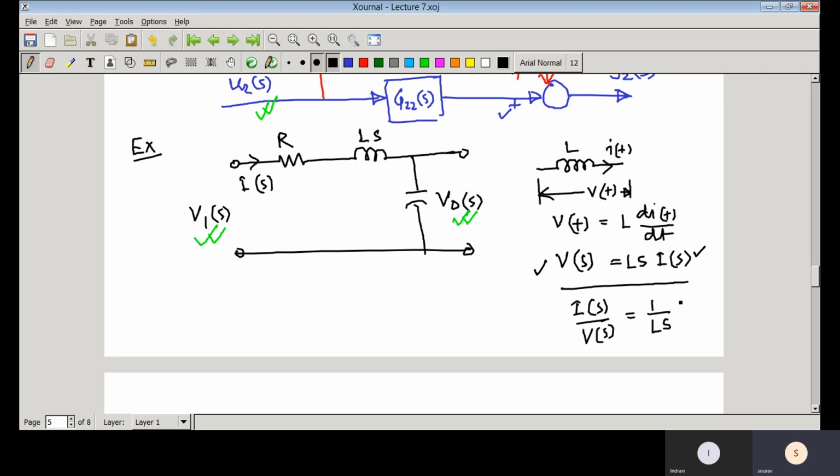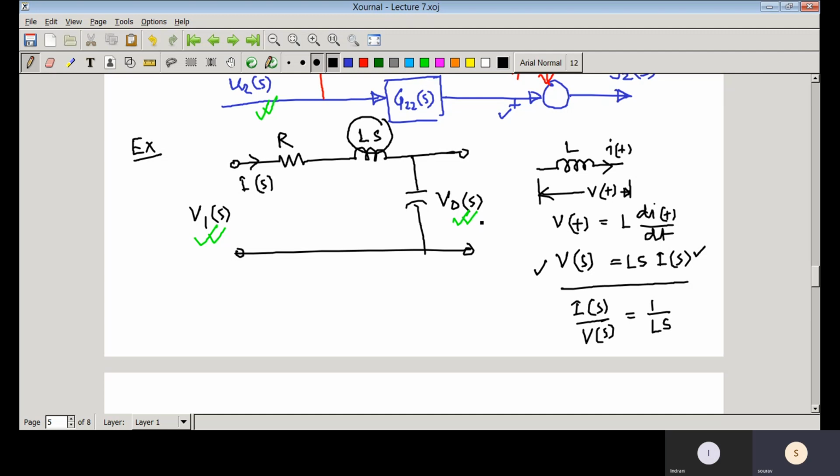From here it is very clear that Ls is the representation of the inductor impedance, and then we can directly write the transfer function from input V1(s) to output V0(s).